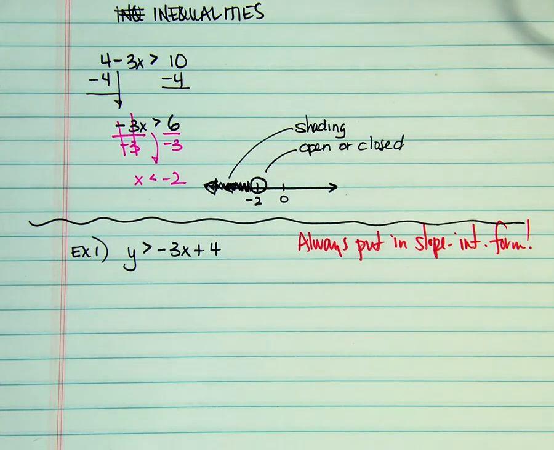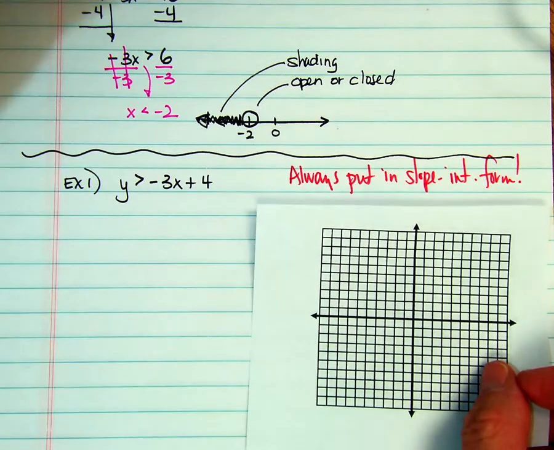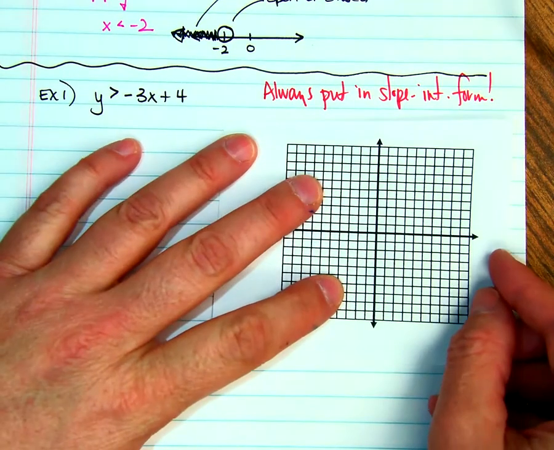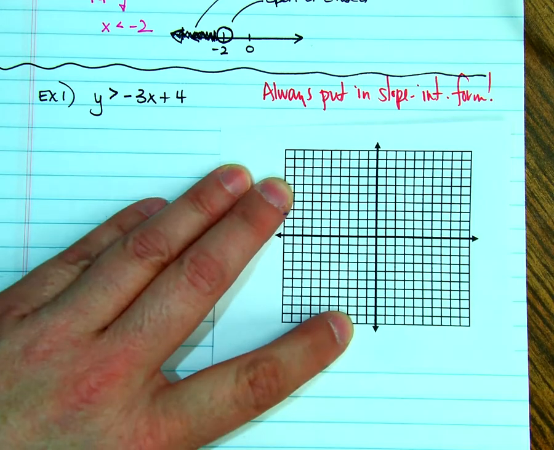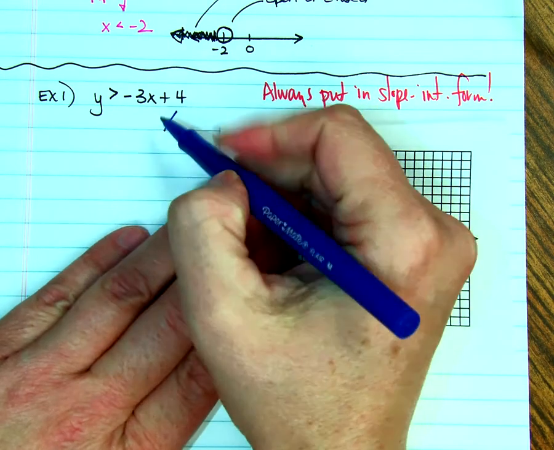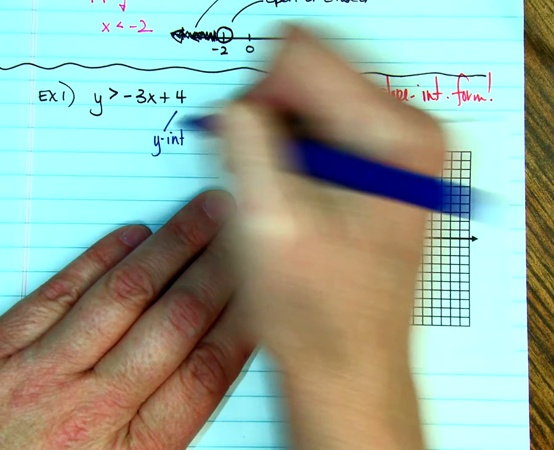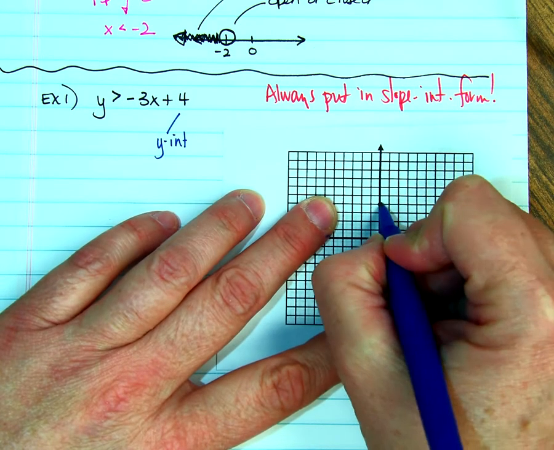So it is in slope-intercept form, and I'm going to cheat a little bit so I don't have to draw a nice graph or anything. I want to put this graph here. So the y-intercept is 4. So I'm going to go 1, 2, 3, and 4.